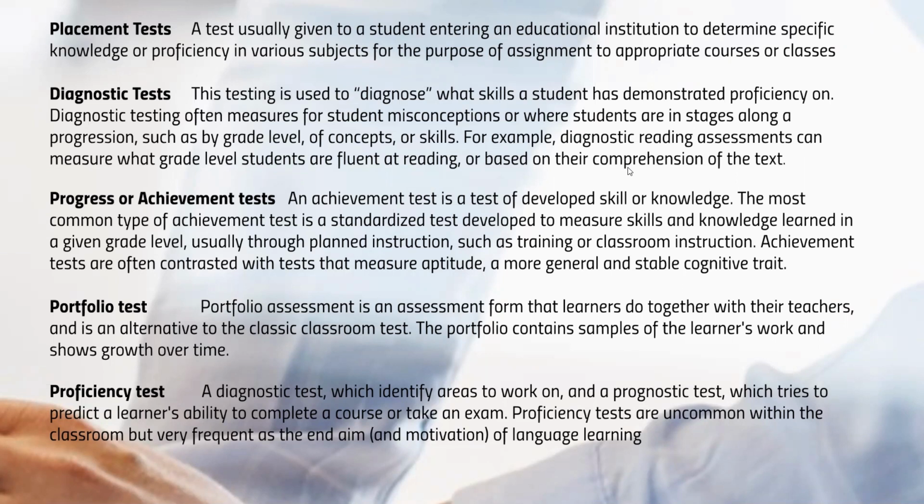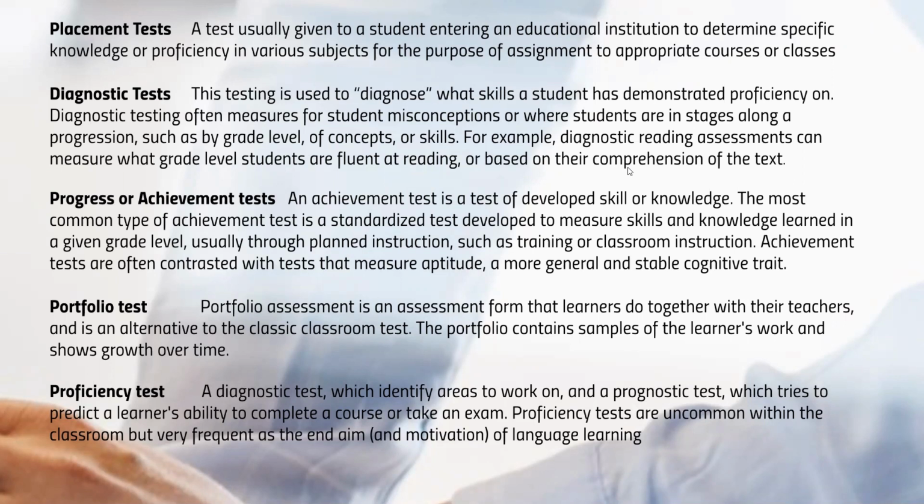An achievement test is a test of developed skill or knowledge. The most common type of achievement test is a standardized test developed to measure skill and knowledge learned in a given grade level, usually through planned instruction such as training. Classroom instruction achievement tests are often contrasted with tests that measure aptitude, a more general and stable cognitive trait.